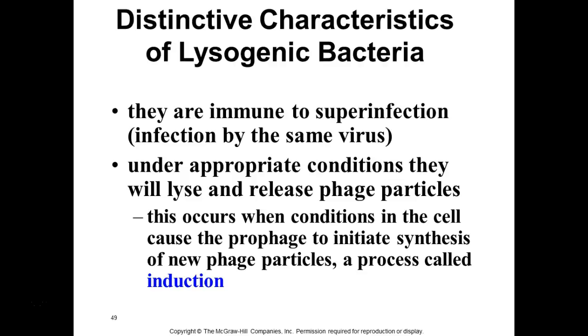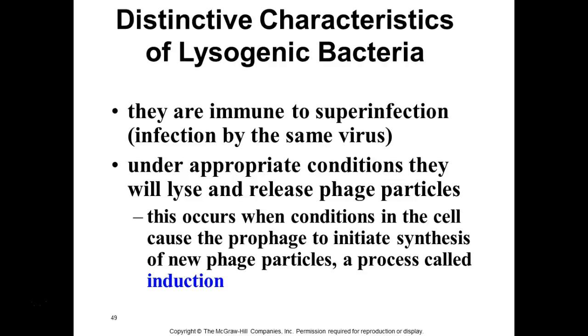They too are immune to superinfection, so one virus per cell, right? It usually doesn't allow another virus to get in, because that would disrupt the DNA even more in the bacteria and likely could cause the death of that bacteria, which means it would also cause the destruction of the original virus.